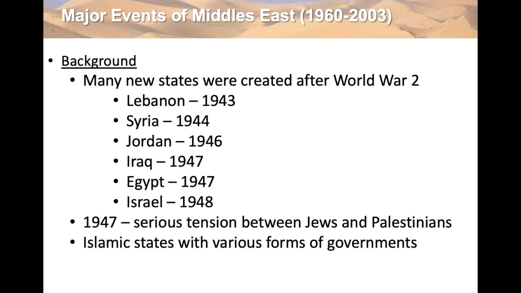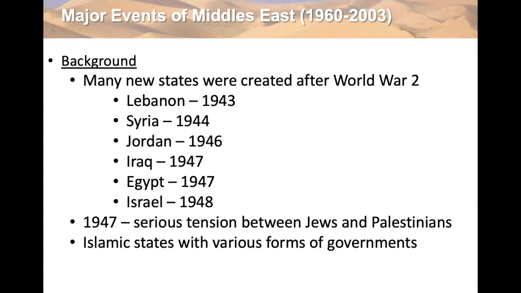In 1947, there were serious tensions between Jews and Palestinians, and that would continue all the way till today. There's highs and lows. There's war and ceasefires and armistices and different ways of controlling the fighting, but it has been raging ever since their creation, basically.